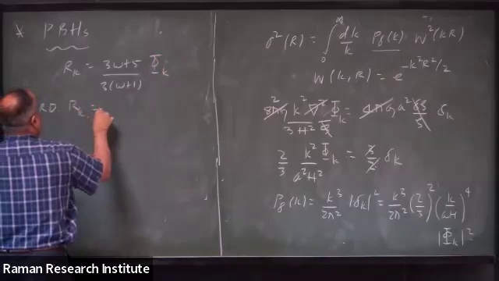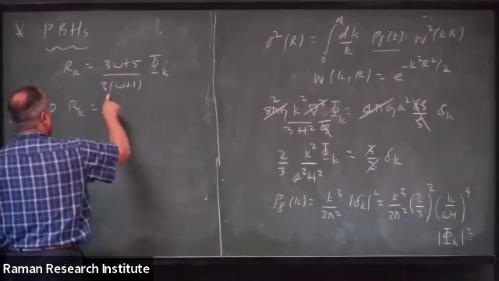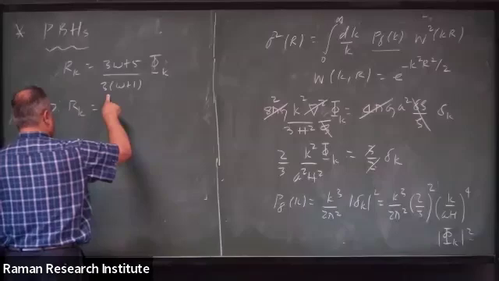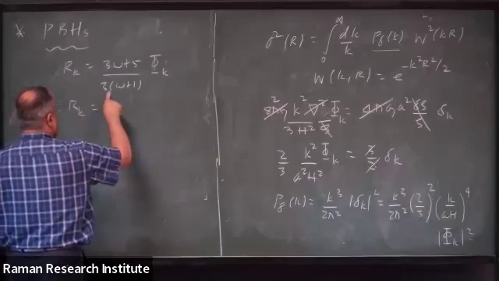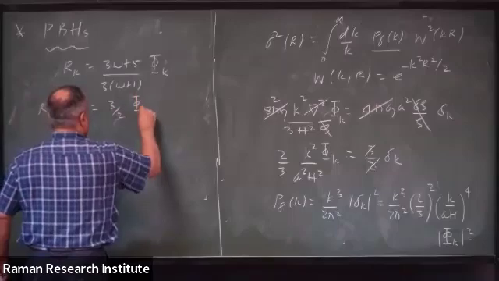R K equals 6 by 4, which is 3 by 2 phi K.